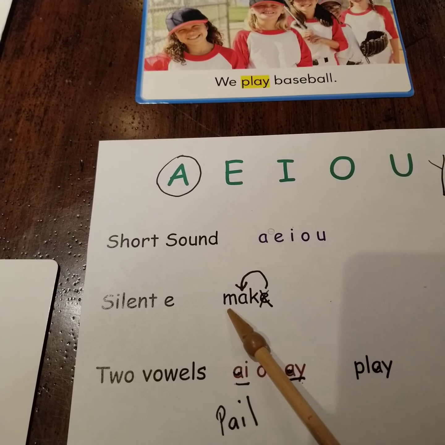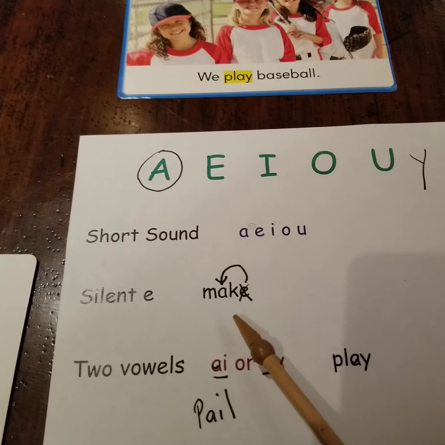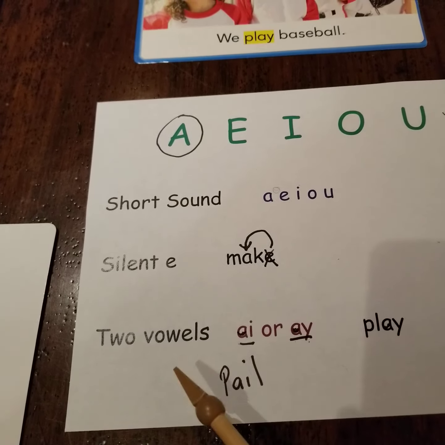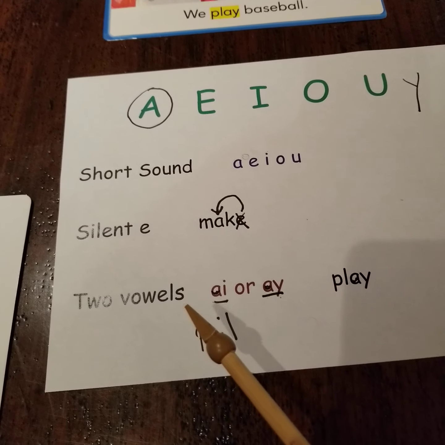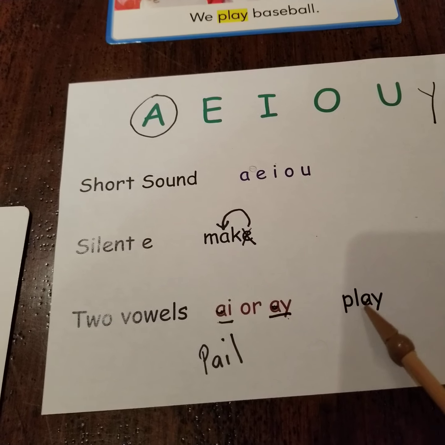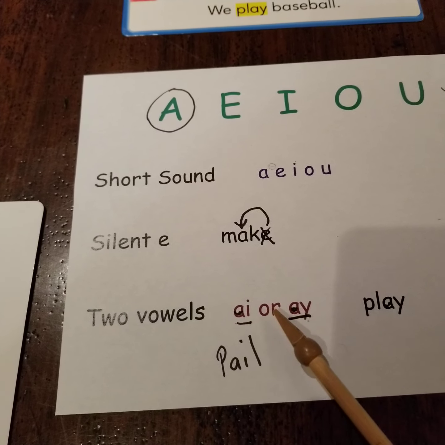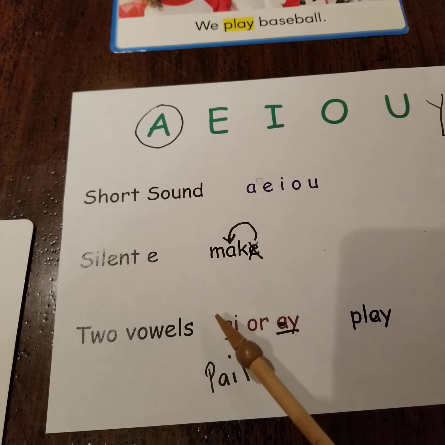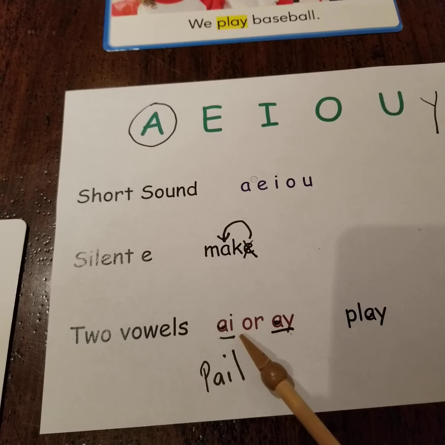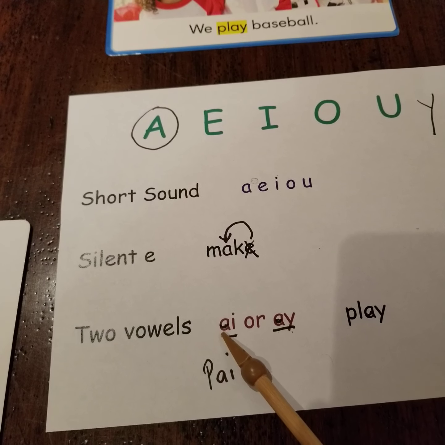So we have make. And another way is that we have our little story. Two vowels go walking, the first one does the talking. And we see here we have AI or AY. Both of these letters, when they come together, you don't hear the I. The A does all the talking.